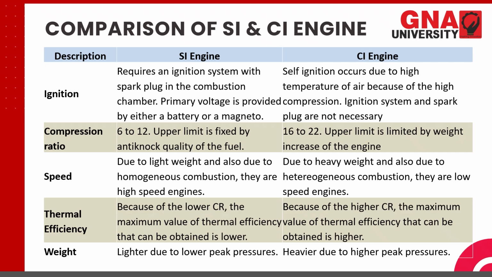Regarding the weight of the engine, SI engines are lighter due to the lower peak pressure, whereas CI engines are heavier due to high peak pressure. This is again due to the higher compression ratio.